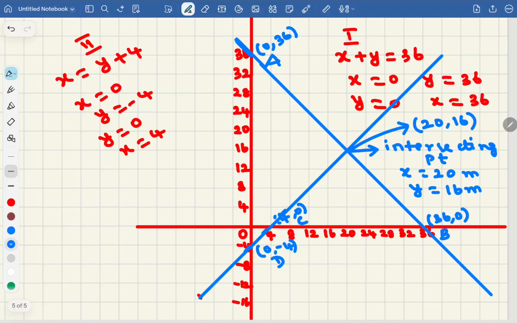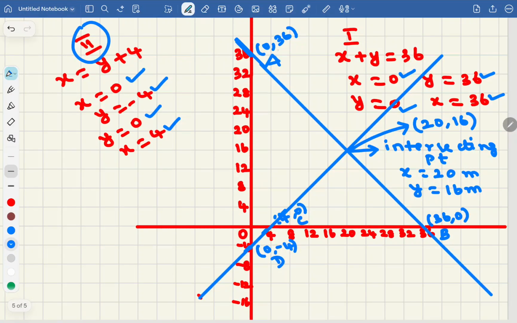I am drawing the graph from the first equation. We are getting the points: when x is 0, y is 36; when y is 0, x is 36. From the second equation, when x is 0, y is minus 4; when y is 0, x is 4.